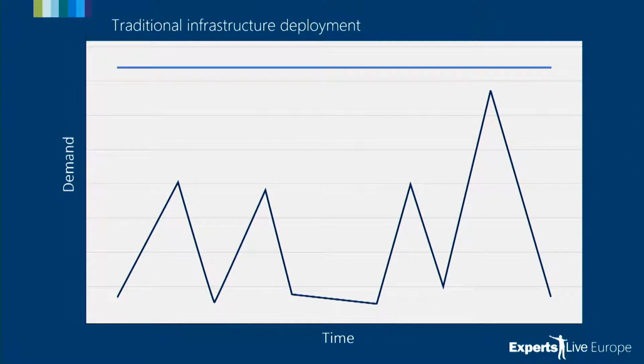So with a traditional infrastructure deployment, you have to deploy infrastructure for your dev and test environments to have these peaks covered. So if your peak is somewhere here, you have to deploy infrastructure to cover this peak, and this infrastructure is in your data center. You have to pay it, but it's not used, or not used a lot.